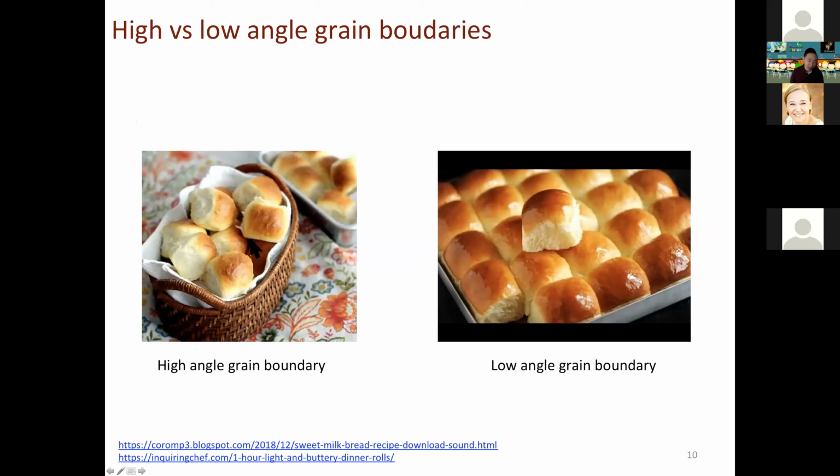It's kind of random, or maybe textured, but separated by large angles of misorientation. Then what we observed using ASTAR inside TEM was, instead of getting random orientations, most of the nanocrystals have a similar orientation. This is kind of like the Hawaiian rolls you buy from HEB, or the dinner rolls just out of the oven. Most of them have the same orientation.